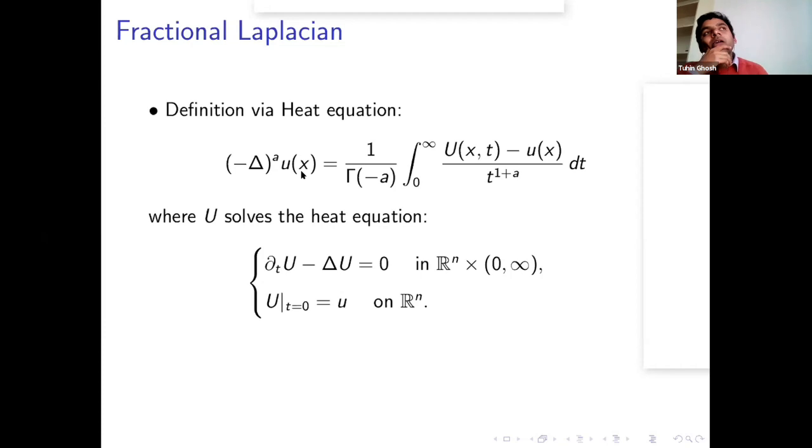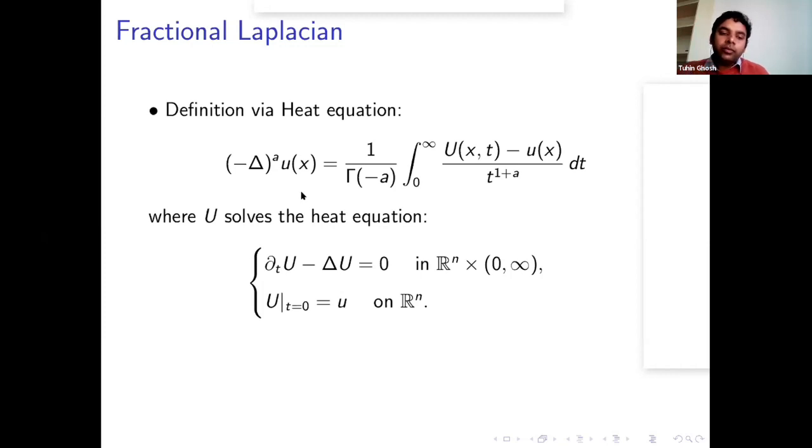And from our knowledge of the heat equation, it has the property of infinite speed of propagation, right? That's similar to the elliptic case, but very different from the hyperbolic case, where you have finite speed of propagation.